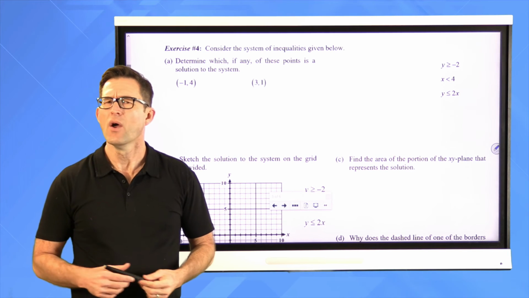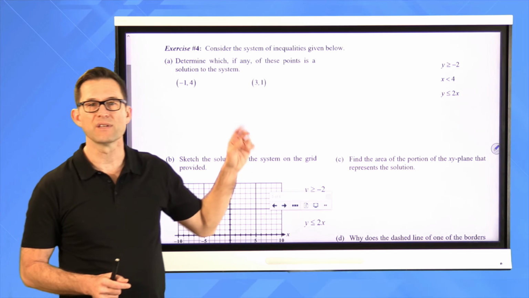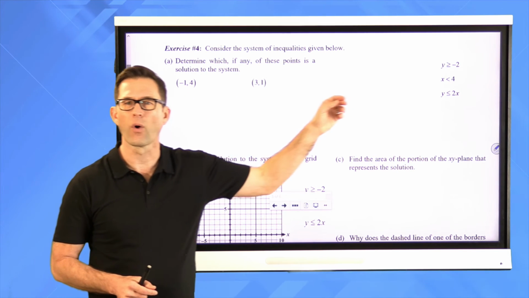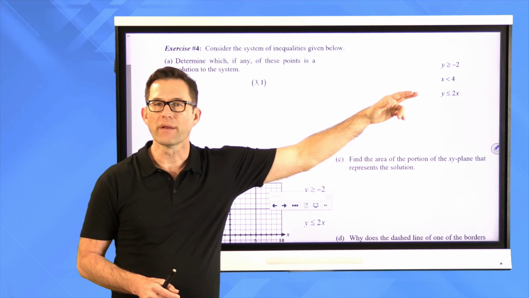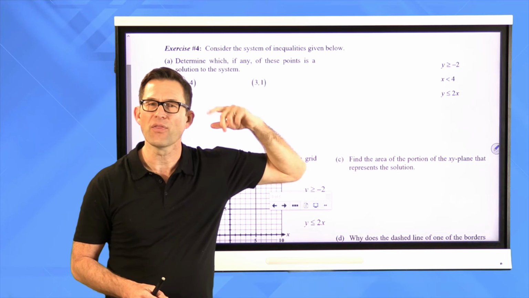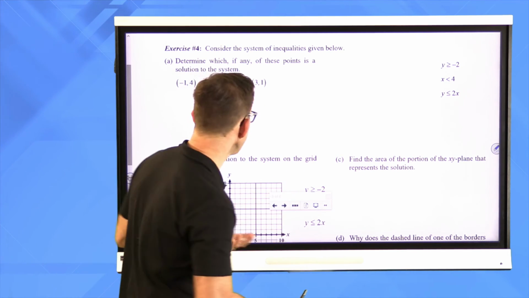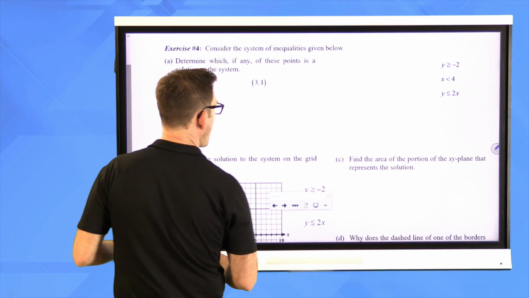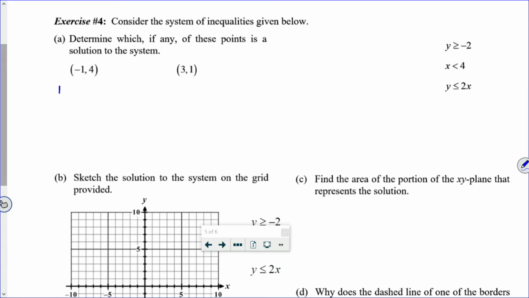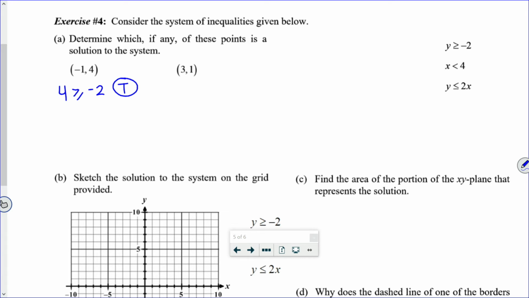All right, well, it might seem a little bit weird because here we've got this point, (-1, 4), and the first 2 inequalities are probably a little bit tricky to even think about, and yet it's simple, right? My first inequality is y is greater than or equal to -2. Well, is 4 greater than or equal to -2? Yeah, that's true. My second inequality is x is less than 4. Well, what is my x coordinate in that point? It's -1.